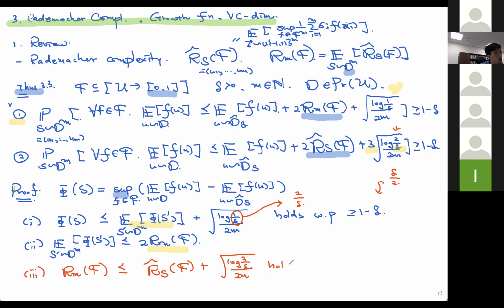This holds with probability 1 minus delta over 2.